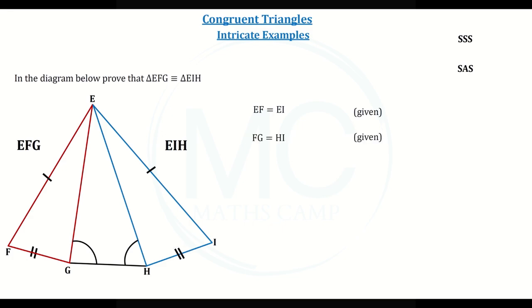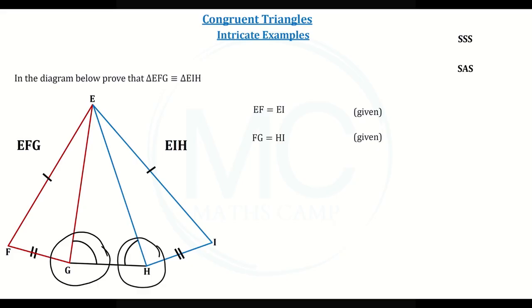And now we need to find 1 pair of sides or 1 pair of angles. The diagram tells us that angle G over here is equal to angle H on this side. But these angles do not sit in triangle EFG or triangle EIH.